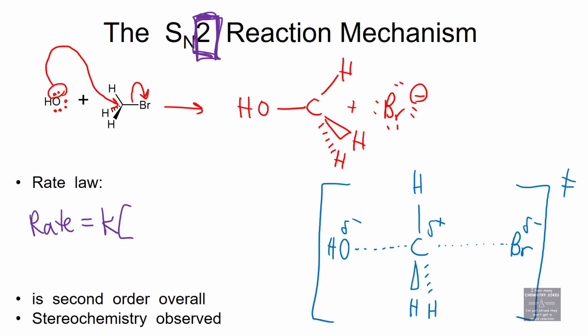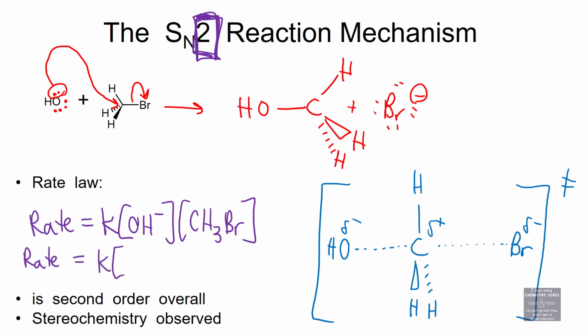Rate equals k times, remember old GChem knowledge, rate equals k times the concentration of reactants. Are both reactants involved in the rate determining step here? Yes. Because it's bimolecular, both reactants are involved in this rate determining step, so that's what my rate law looks like for this specific reaction. But an SN2 reaction in general is a nucleophile times a substrate.